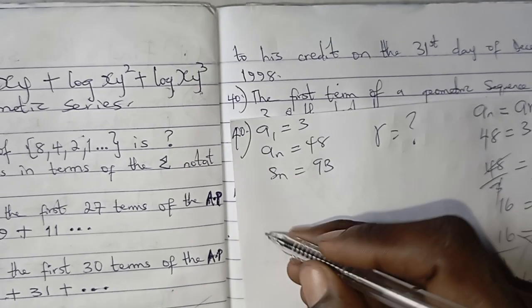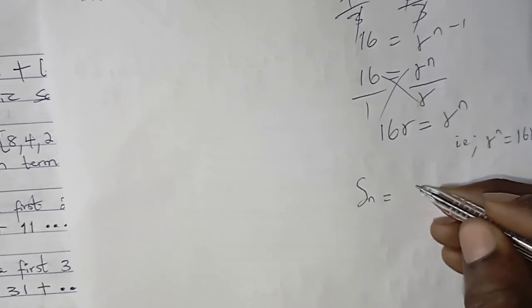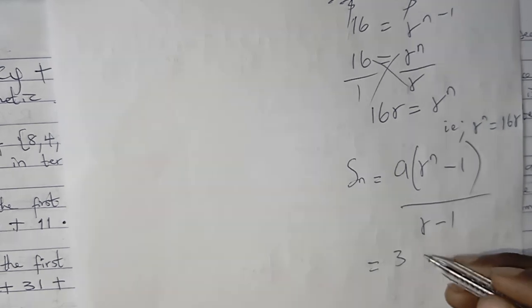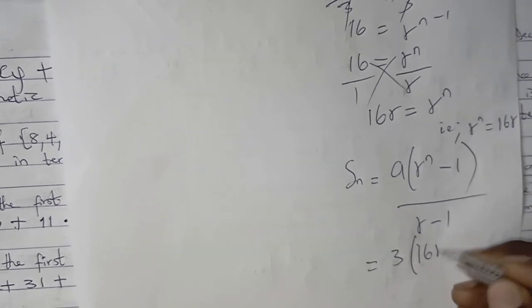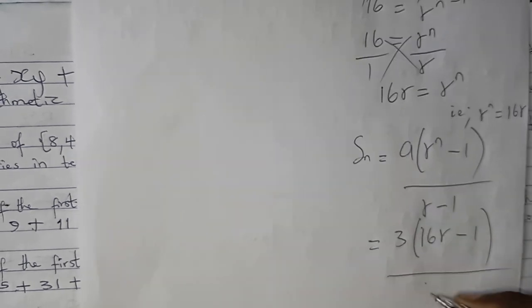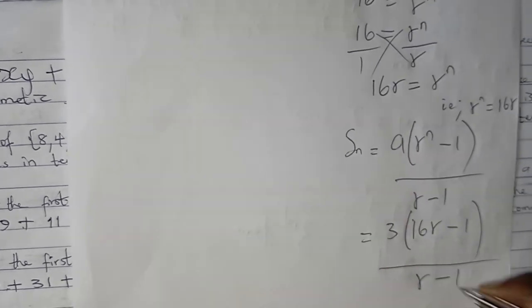Then we are given the sum. I know that the sum is a times r to the n minus 1 all over r minus 1. So a is 3, and r to the n is 16r, so 3 times 16r minus 1 all over r minus 1.